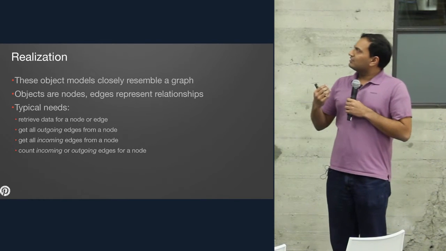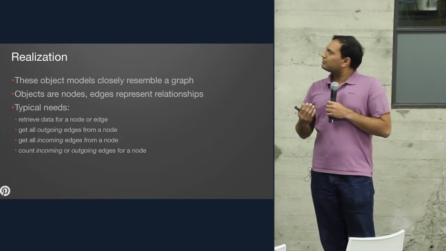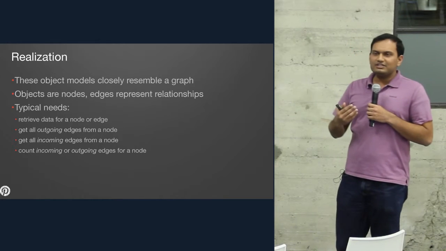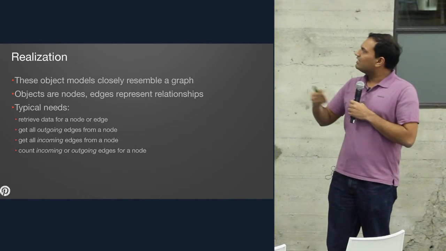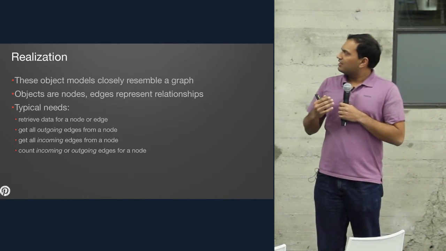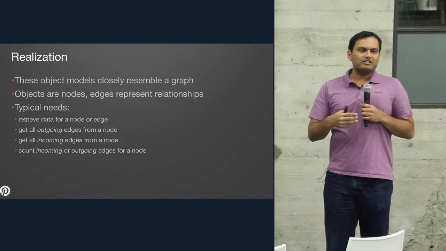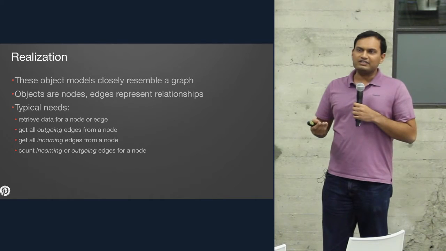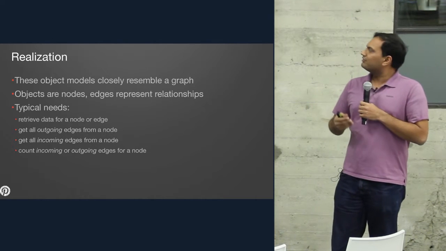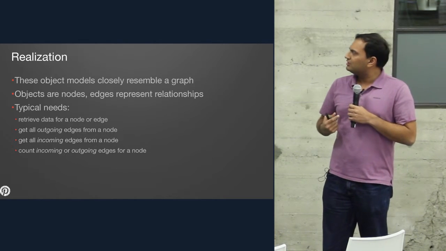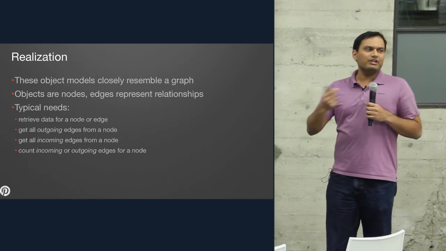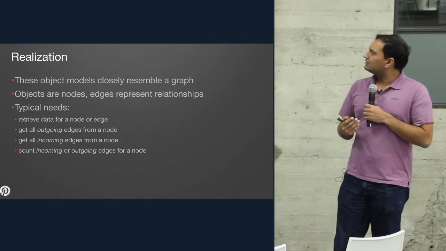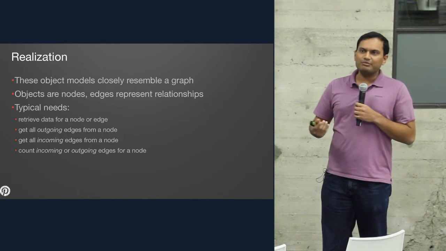So we found that if you think of it as a graph, where these objects are nodes and they just represent relationships between the objects, it becomes very natural to express some of the operations that I just described as graph queries. These are very, very simple graph queries, like, given a node, give me some data for that node, give me outgoing edges from that node, or incoming edges, or counts of incoming and outgoing edges.